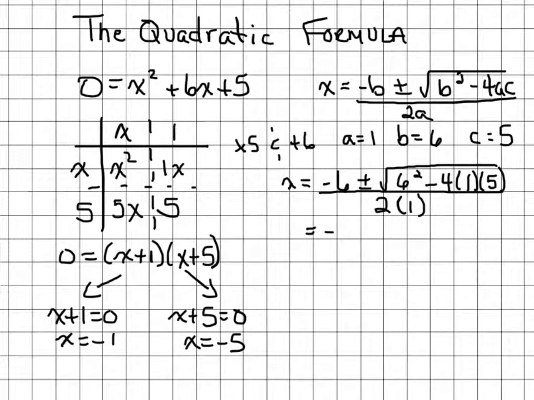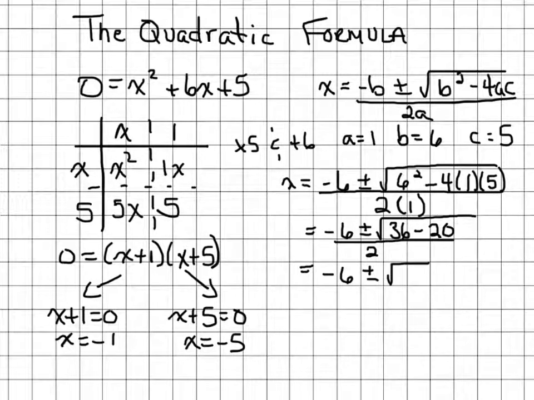That is equal to minus 6 plus or minus the square root of 36 minus 4 times 1 is 4, 4 times 5 is 20, all divided by 2. Then that is equal to minus 6 plus or minus the square root of 16, all divided by 2.